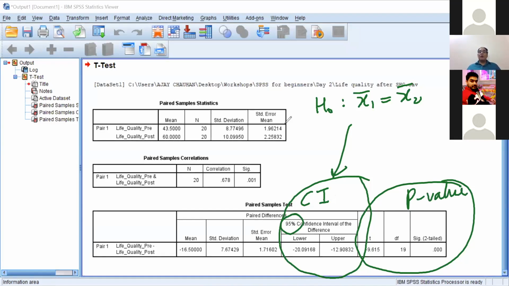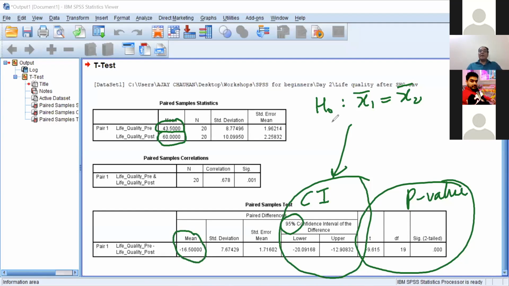So now let's see the mean values, right? The mean of the first group is 43.5, and the mean of the second group is 60. So what is the difference of the means? 60 minus 43.5, the difference of the means is found to be 16.5, right?